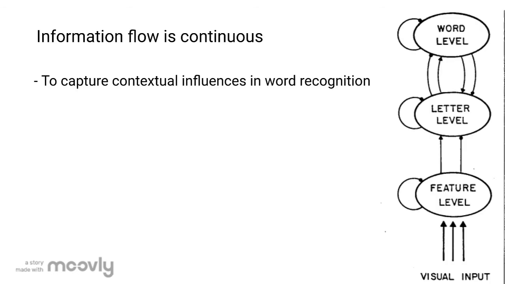This assumption is required in order to capture contextual influences in word recognition. The reason is that if the word level is to influence processing at the letter level, then the letter level must be making information available to the word level before processing at the letter level is complete.